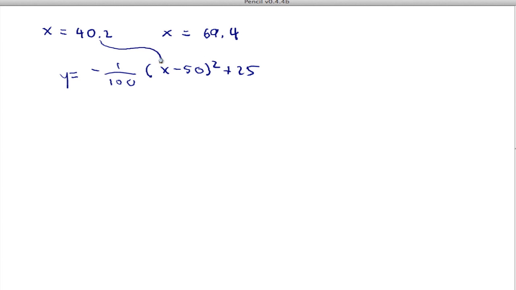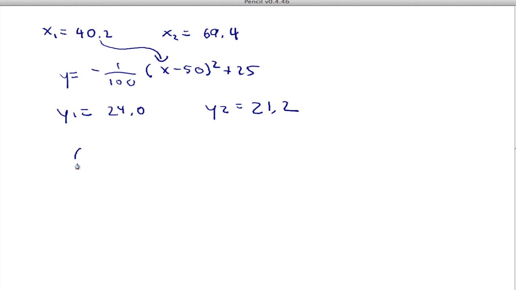So when I substitute my first x value into that, and I already calculated this beforehand, we get y is equal to 24.0. And when we substitute the second, I'm going to note these as x1 and x2. So y1 is equal to 24 when we substitute x as 40.2. And when we substitute x as 69.4, we get a value of 21.2.